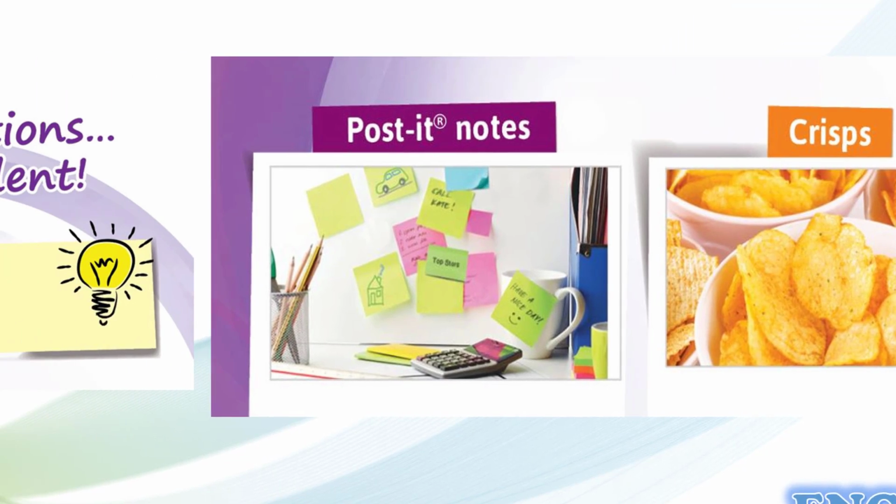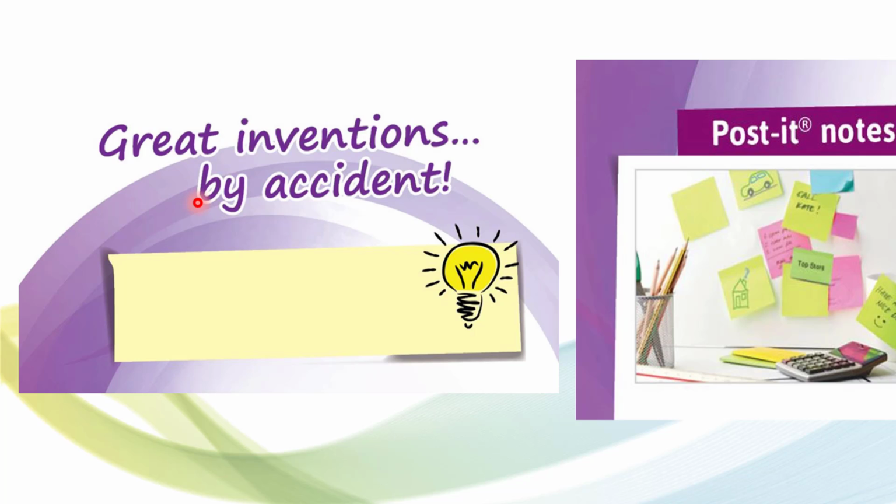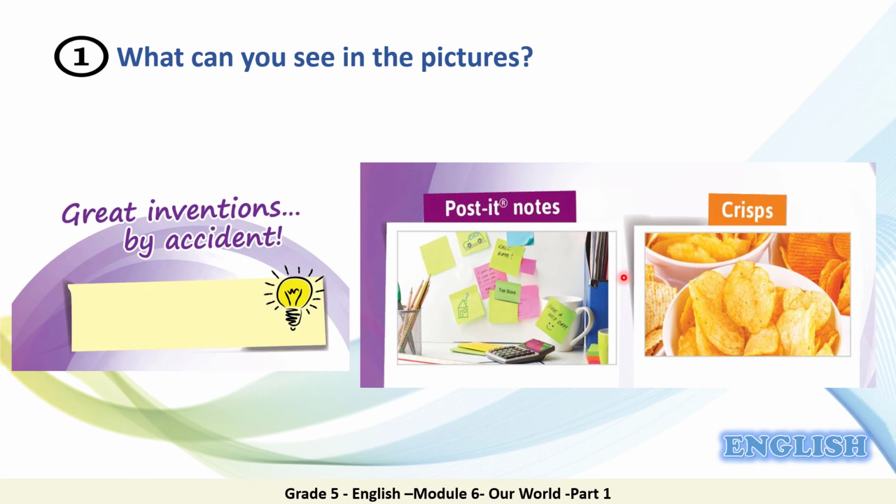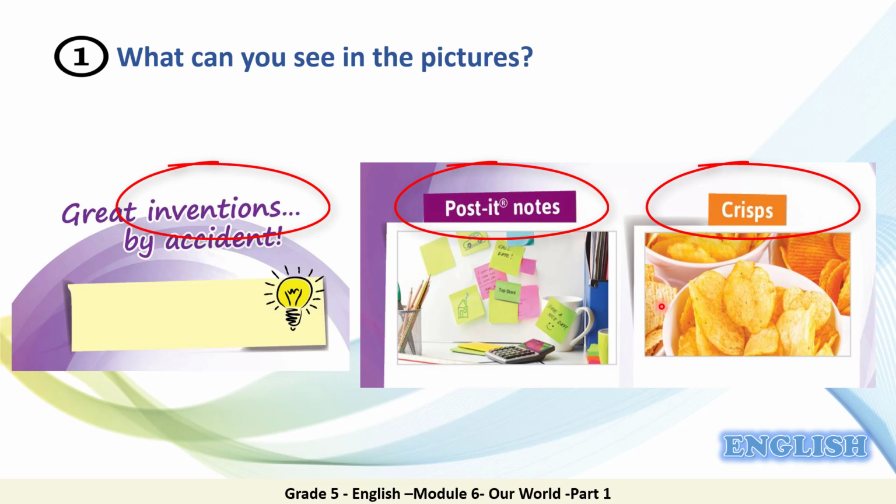Well, let's read the title, Great Inventions by Accident. I think the title, as well as the pictures, give us a good hint about the main idea of this text. Good job, guys. I think the text talks about how post-it notes and crisps are invented.